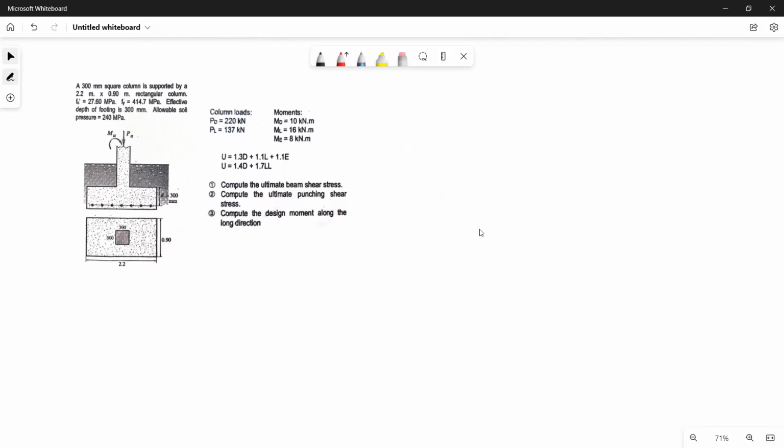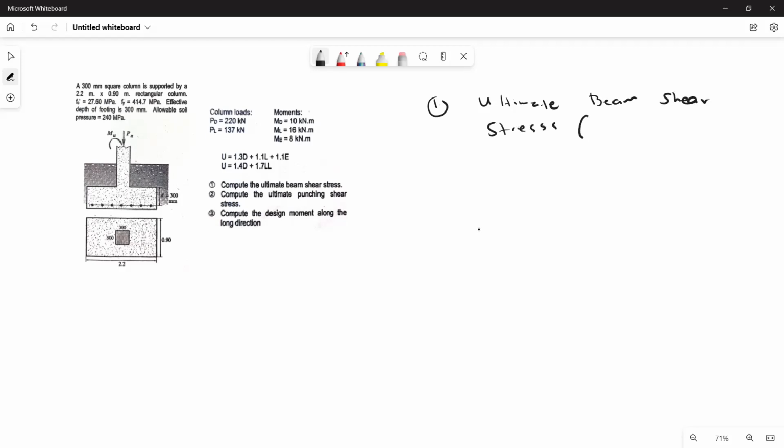Okay. So, let's try. The first problem is to determine the ultimate beam shear stress. Number one, dito na lang natin nilagay. What is the ultimate beam shear stress?